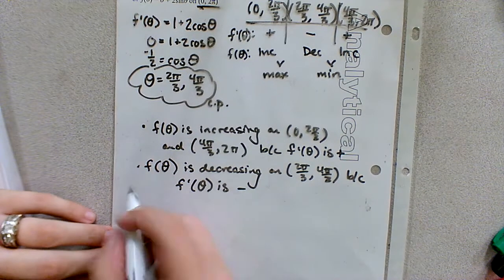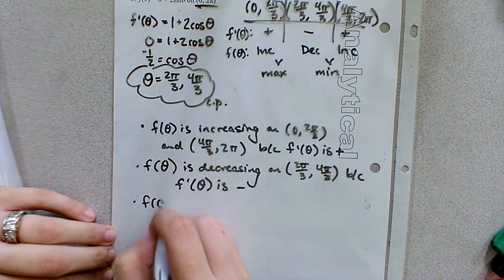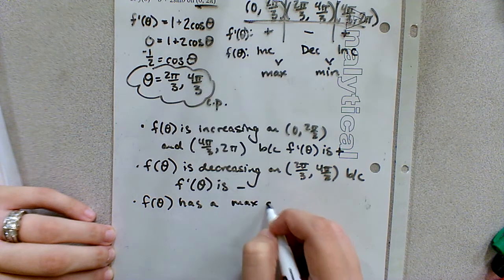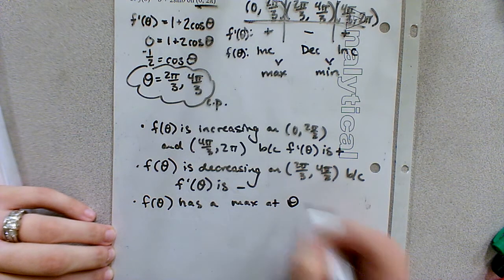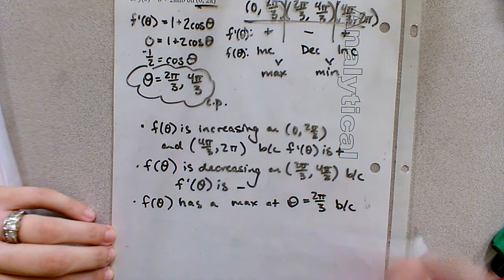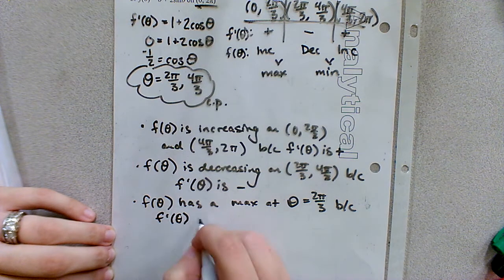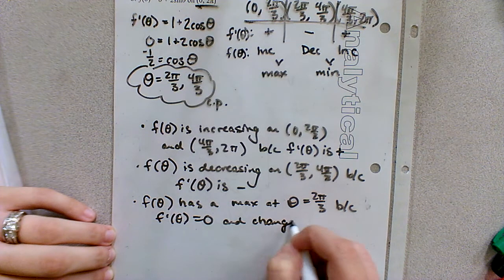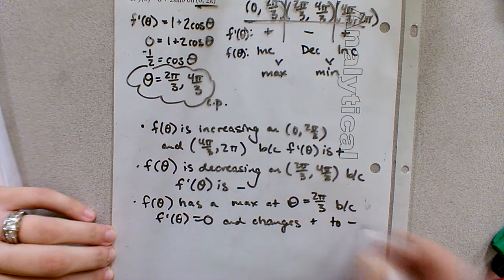Alright, so then let's go ahead and tackle our maxes or mins. So f of theta has a max at theta value of 2 pi over 3 because the derivative was 0 and changes positive to negative.